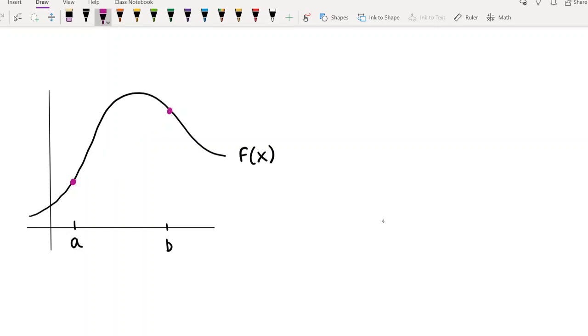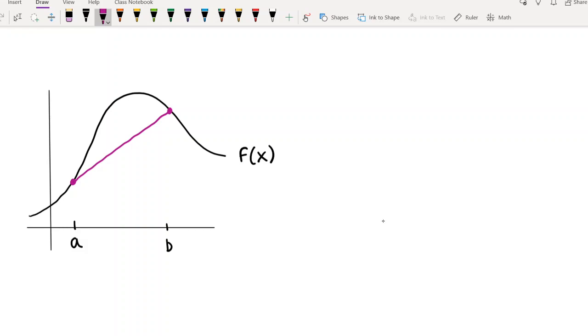It's a little crooked, but that's okay. This is what's called the secant line from A to B, and that tells you the average rate of change of your function from A to B. If you take the slope of the secant line, that tells you the general trend of your function between those two values.